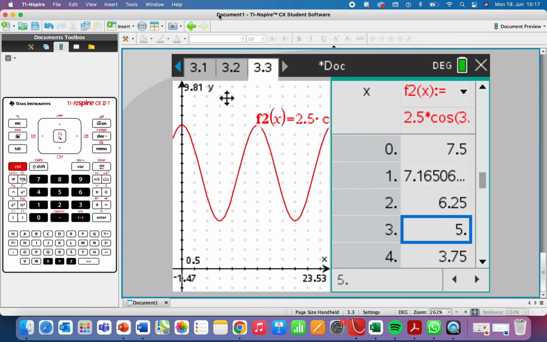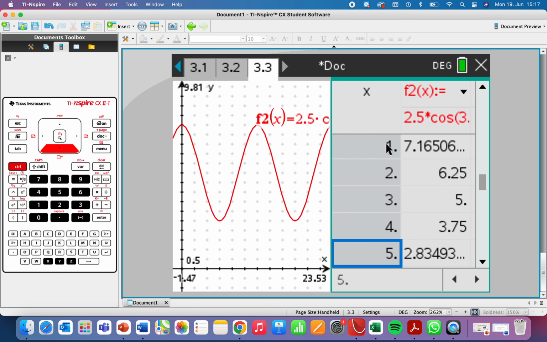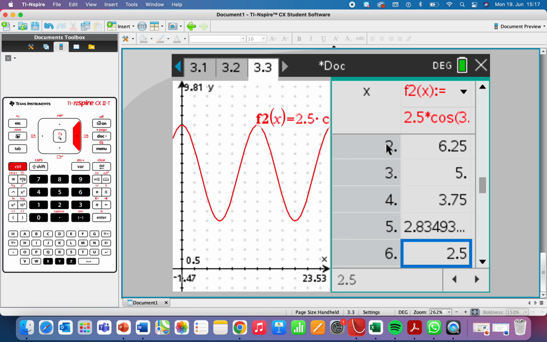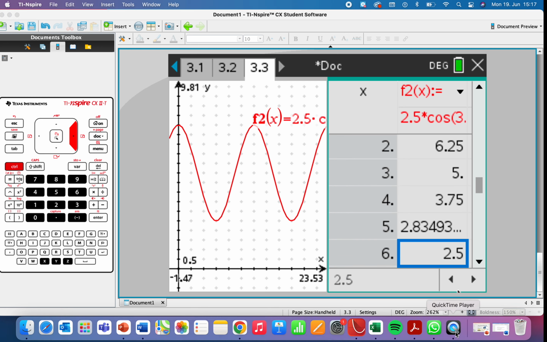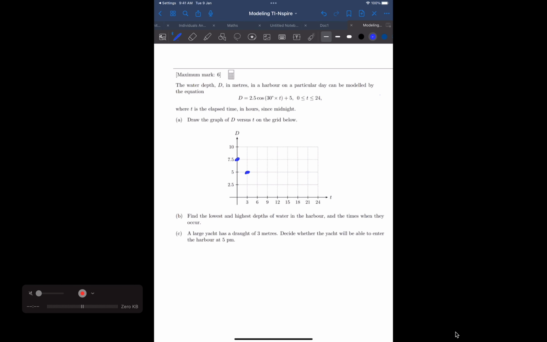The table of values is really helpful because you can do a dot-to-dot plot, just take your time, go all the way up. Maybe you plot it every 3, because if you plotted every single number, it might take too long. So let me go up to 6. 6 is 2.5. So if I go back to here, 6 is 2.5.